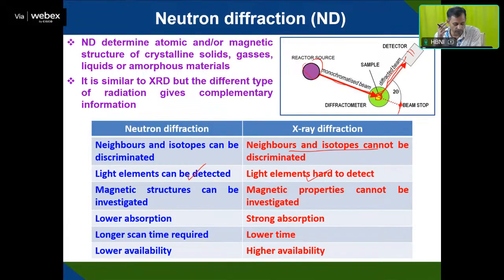It has very low absorption and requires much time because the nucleus is quite small compared to the electron cloud, so you need a very long time to get a good pattern. Its availability is also very low because you have to be associated with a nuclear establishment, since a nuclear reactor is necessary as the source of neutrons.